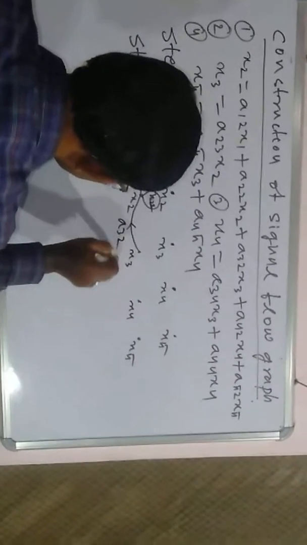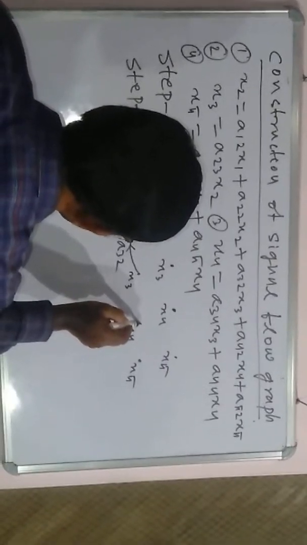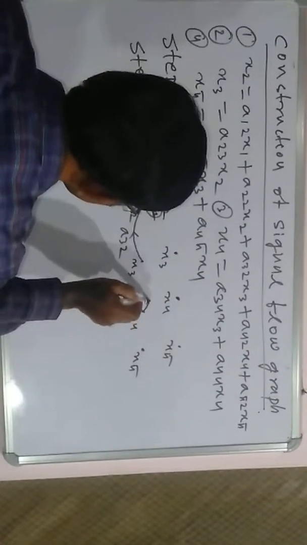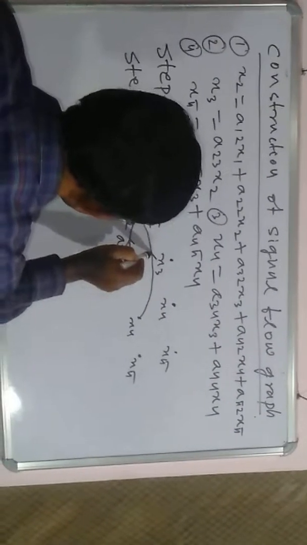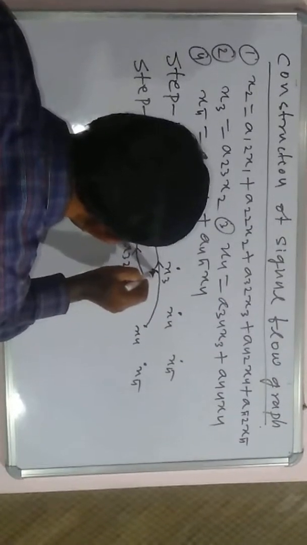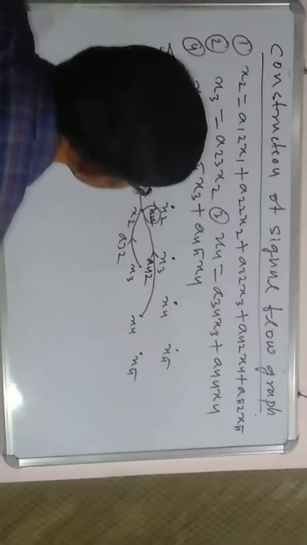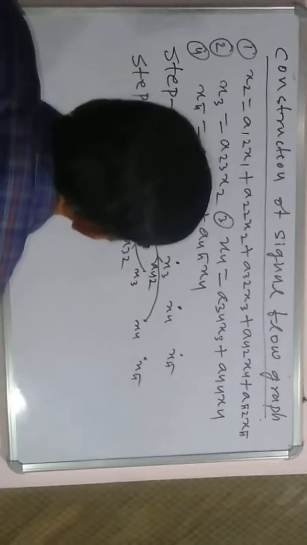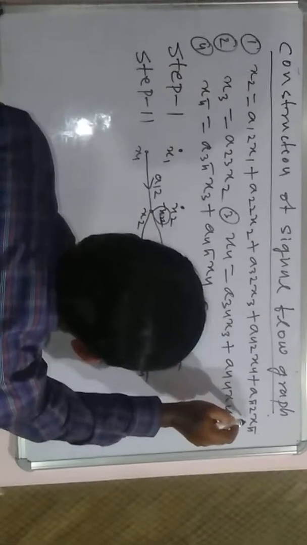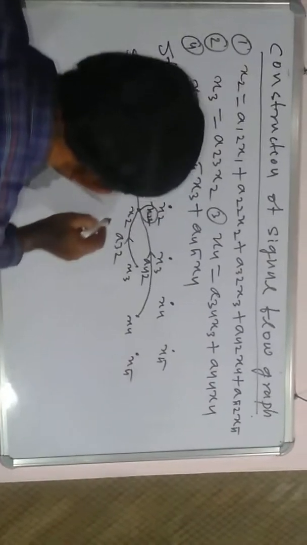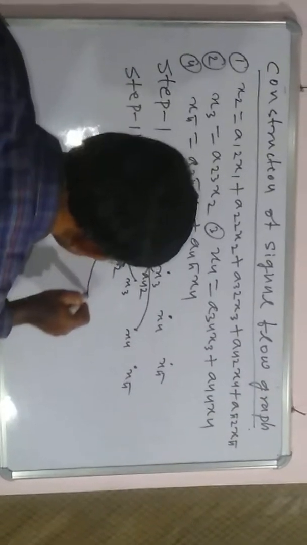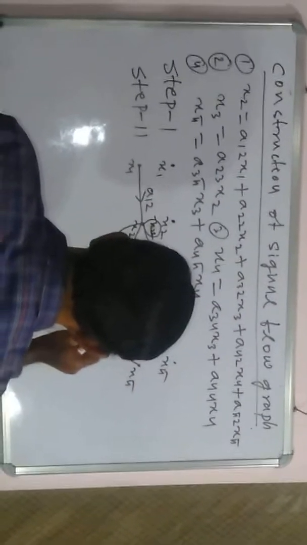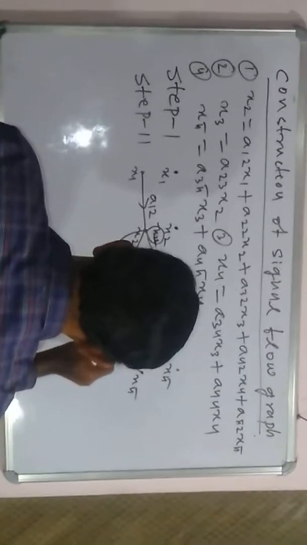Then a42 starts from node 4 and ends at node 2. Therefore this is a42. Then a52 x5, so we can draw like this. This is a52.